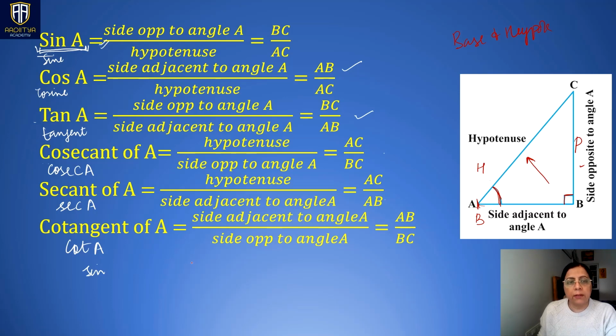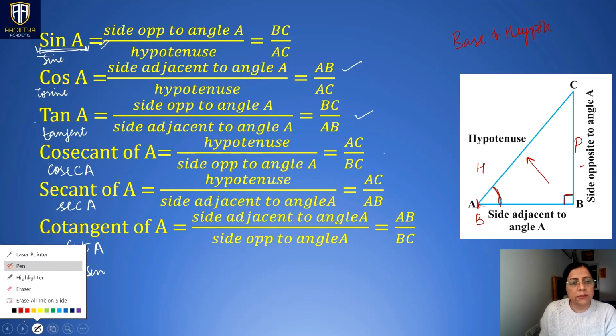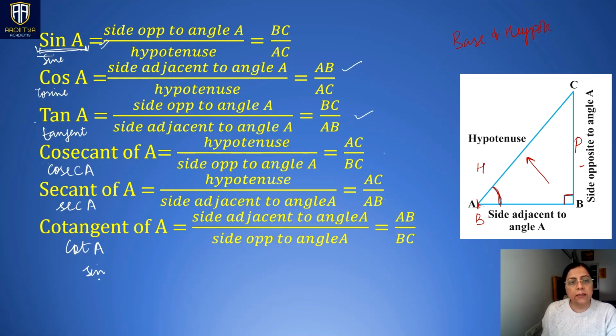So in layman language, sine is the ratio of perpendicular and hypotenuse. Cos is the ratio between base and hypotenuse. And tangent is the ratio between perpendicular and base. If it is difficult to learn side opposite and side adjacent, you can give them another name like perpendicular, hypotenuse, and base.